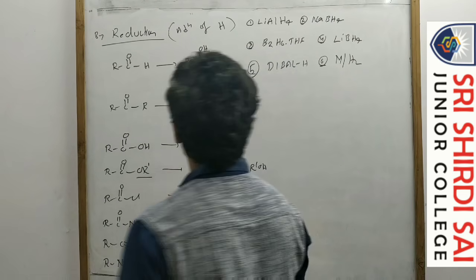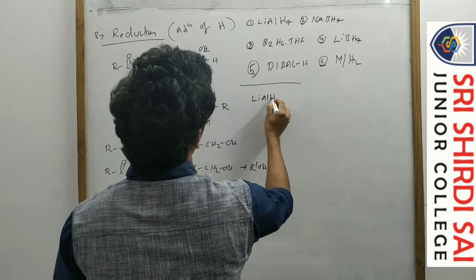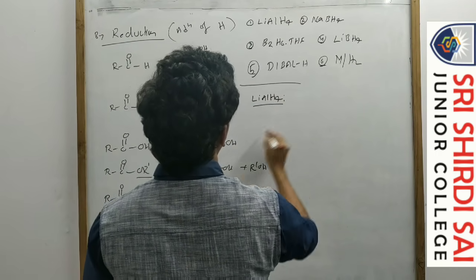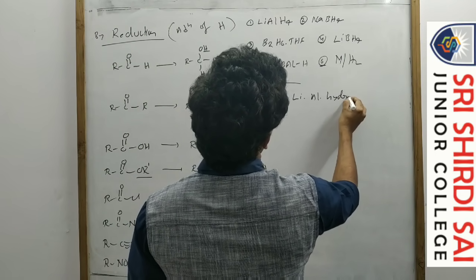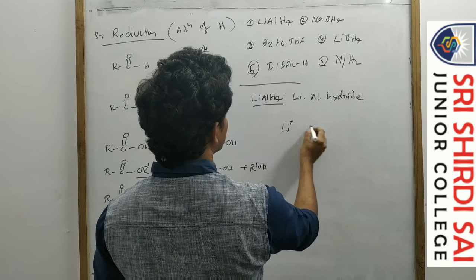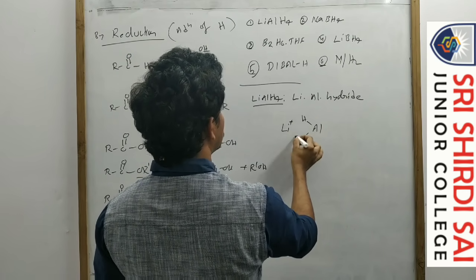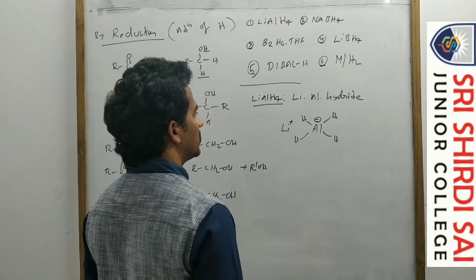So first of all, let us start with lithium aluminum hydride. Structure is Li plus, Al with four H, and a minus charge.